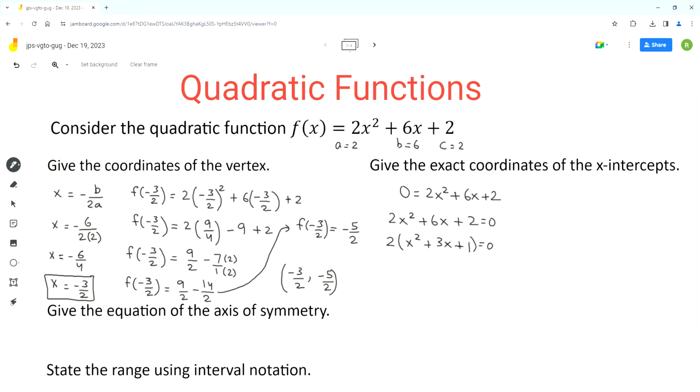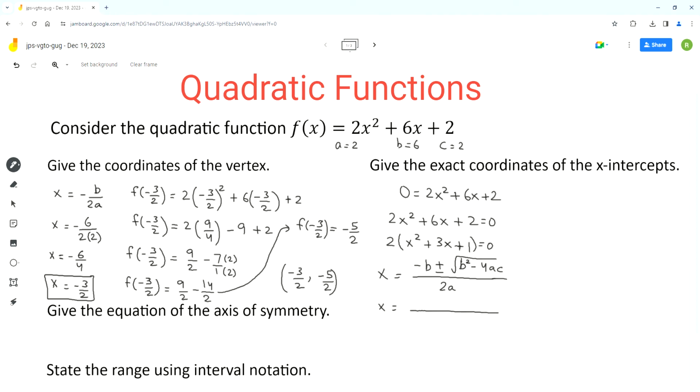Now we have to solve this equation, but we cannot factor it, so we'll have to use the quadratic formula. The quadratic formula is x equals minus b plus or minus the square root of b squared minus 4ac, over 2a. In this equation, b is 3, a is 1 and c is 1. So we'll sub in these values.